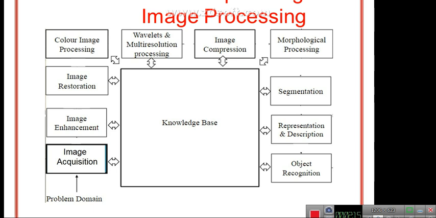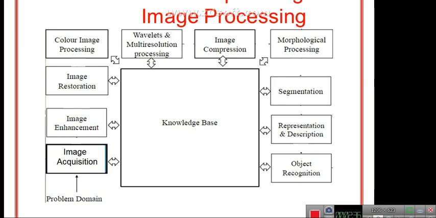There are two different compression techniques, lossless compression and lossy compression. One of the image processing techniques is morphological processing, which is used to zoom the given image or shrink the given image. Zooming and shrinking are the major processes in morphological processing.